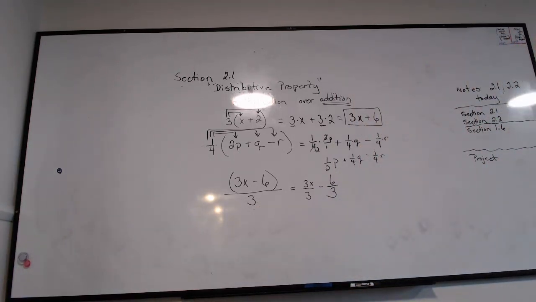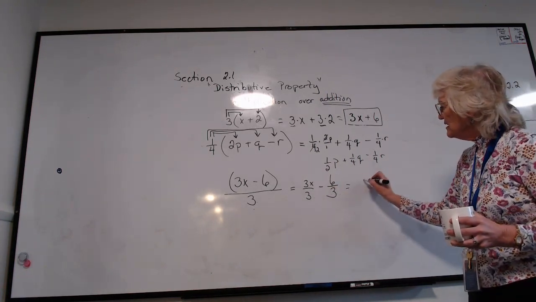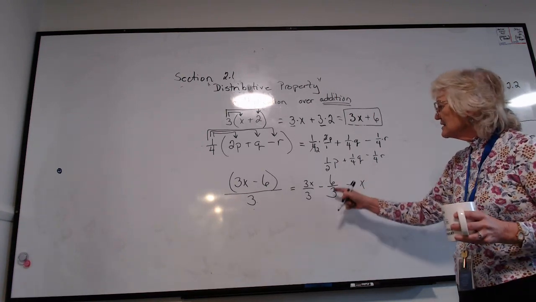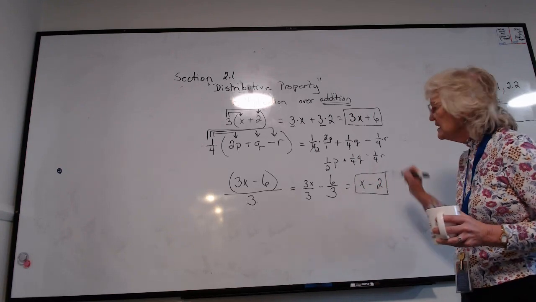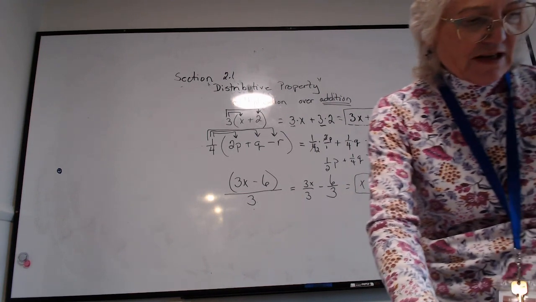So I can actually distribute that 3 to both parts. 3 divided by 3 is 1, so this is 1x or x. 6 divided by 3 is 2, so my answer would be simplified down to x minus 2. Okay, that's using the distributive property. So that's really what we're looking at when we're working with these. Okay, so that's how we remove them.